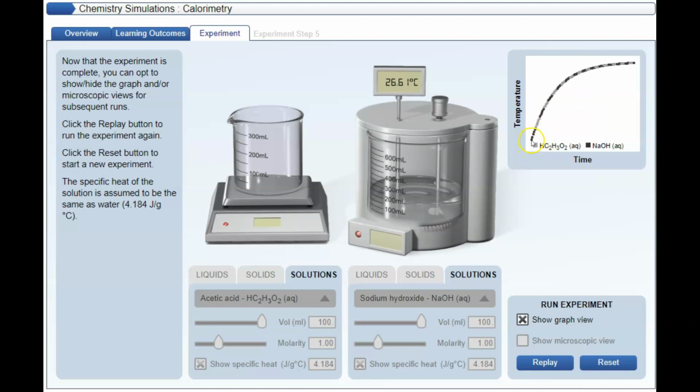And you'll notice with the calculations, if you have a solute and a solvent, or even in this case, some acid and a base where they create the same homogeneous solution, you're going to combine the masses, all right? You track the temperature of the solution as a whole and not a separate line for acetic acid and a separate line for sodium hydroxide like we had previously, all right? So we're going to do a lab that hopefully emphasizes that a little bit. I just wanted to point out that when you have solution calorimetry, you usually combine the masses. And we're going to do a practice problem like that, hopefully in a minute or two here.